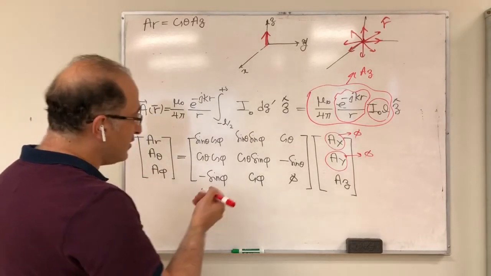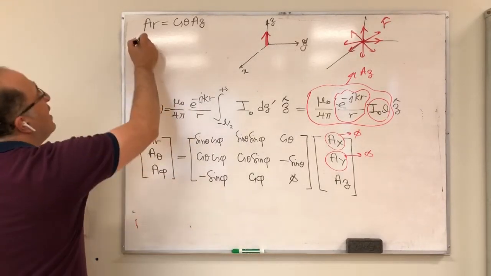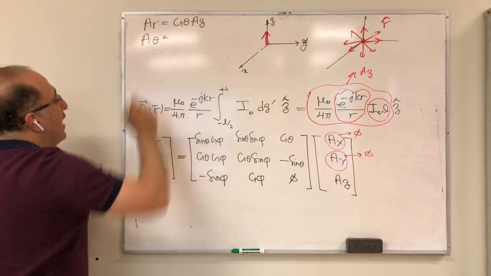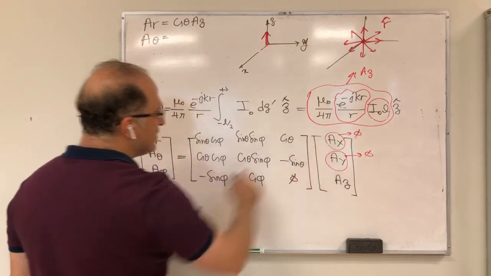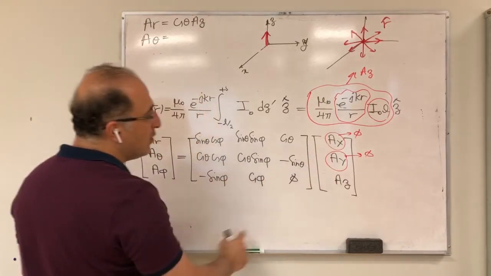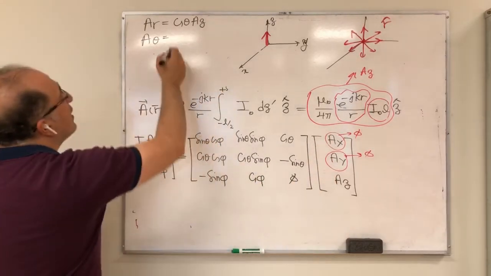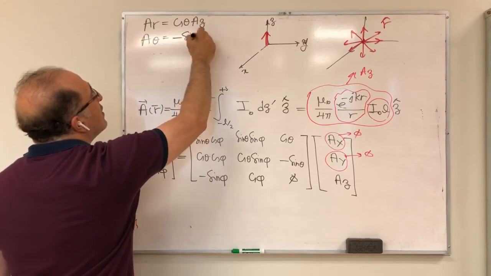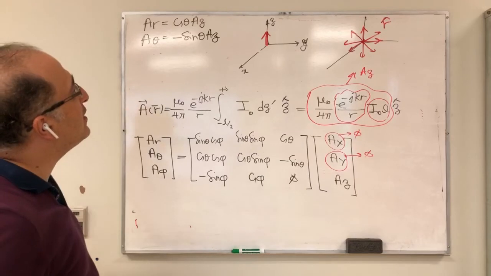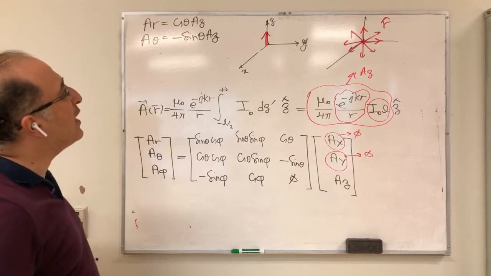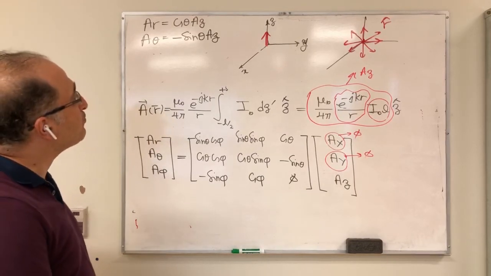Now, let's continue with that and find A_theta. A_theta becomes this times this 0, this times this 0, and you get minus sine theta A_z. So that's your A_theta.